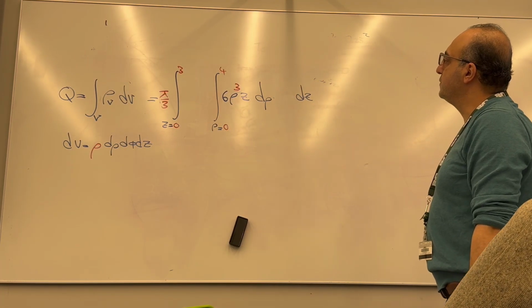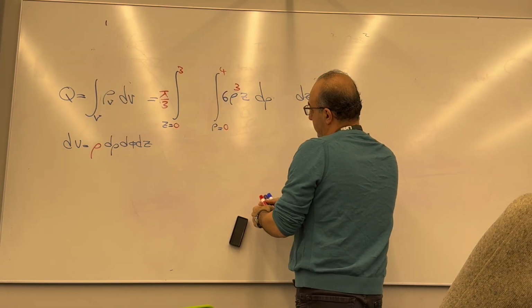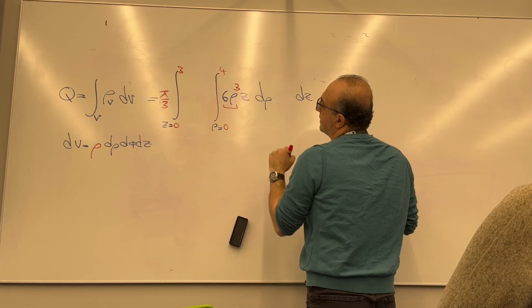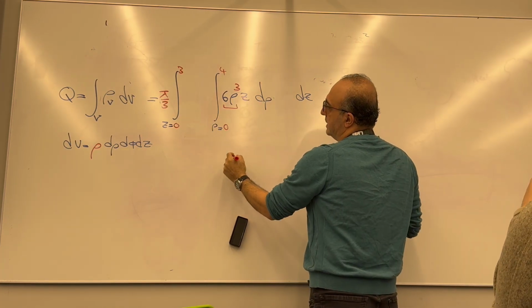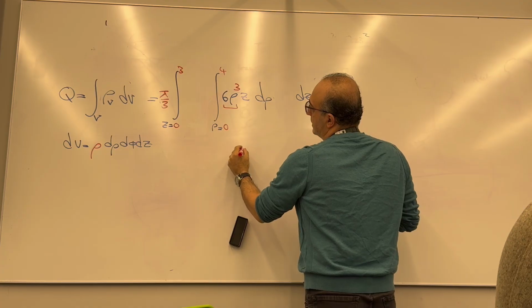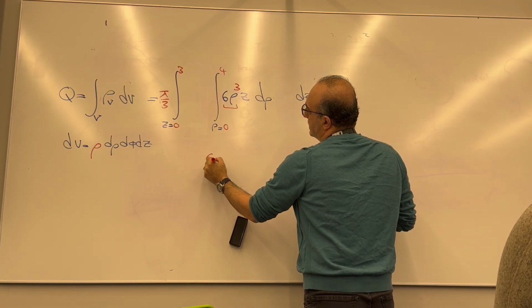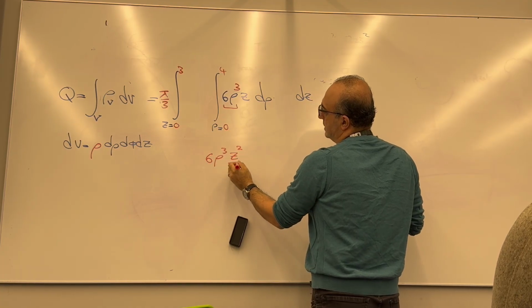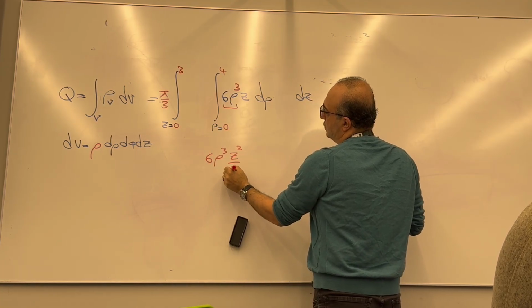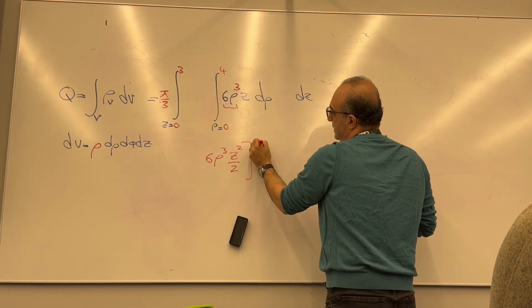I will solve it for z first. For z, this part is going to be constant, and the integral of z is z squared over 2. Then it's going to be 6 rho 3 z squared over 2, with z from 0 to 3.